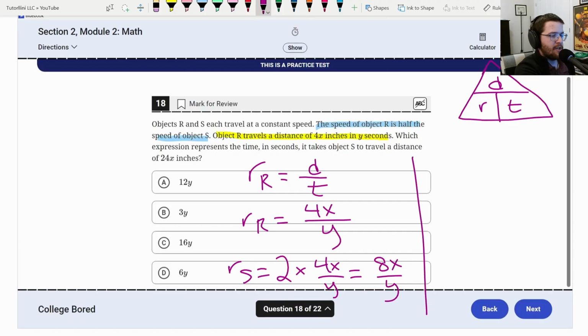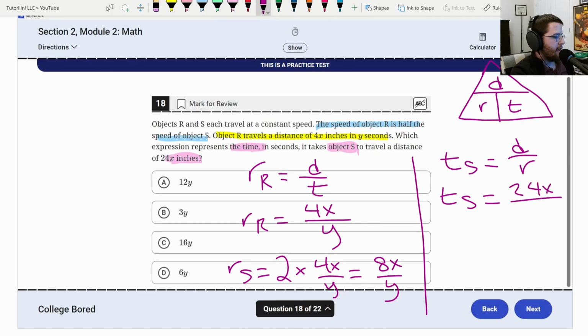Now we're going to come over here and try to actually answer the question. We want to know the time for object s. So time is equal to d over r. And the question says his distance is 24x. And we figured out before that his rate is 8x over y.